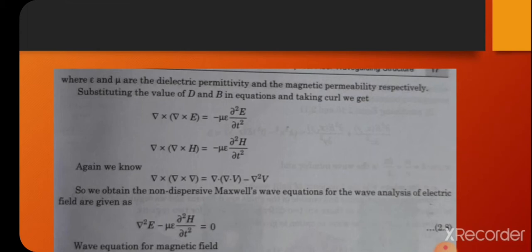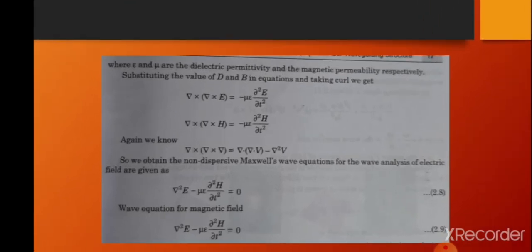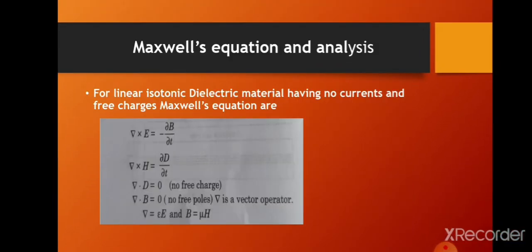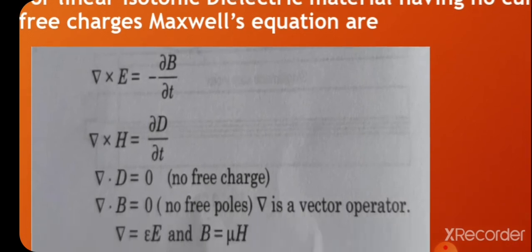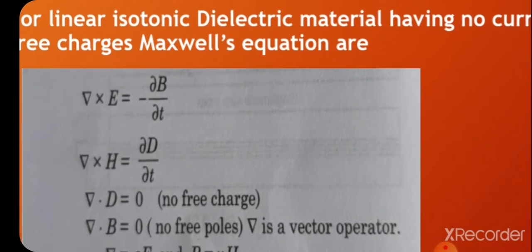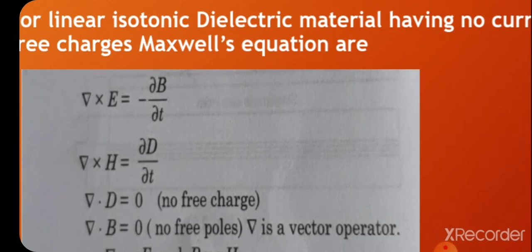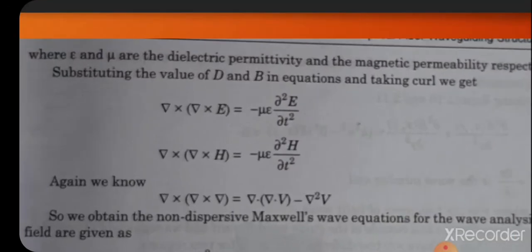When we take the curl of the first equation, del cross E, we substitute for B as mu H, and after substituting the B value we take the curl of that equation. So we will get minus mu into epsilon into dou square E divided by dou T square.